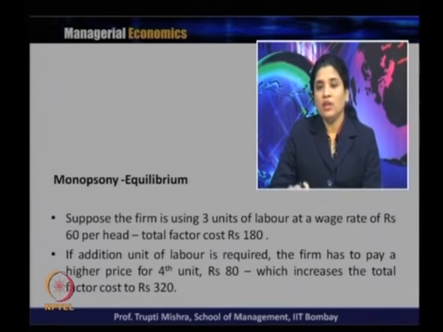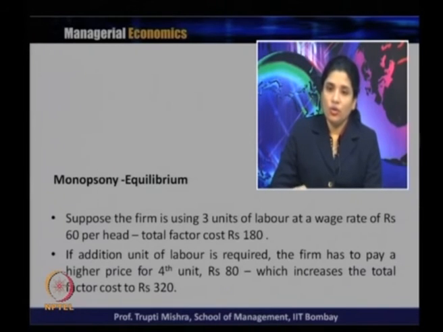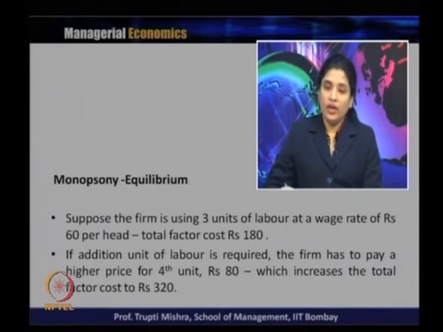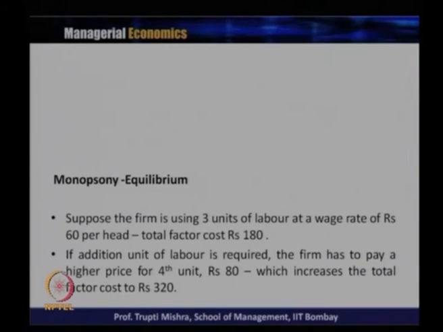When the 4th unit is required, he is charging 80, and it is not only 80 for the 4th unit, but also 80 for the rest of the units, the other 3 units of labor. That increases the wage by 20 for each unit of labor, which increases the total factor cost to rupees 320, because this is now 80 rupees times 4 units. So, that comes to rupees 320 for the total factor cost.